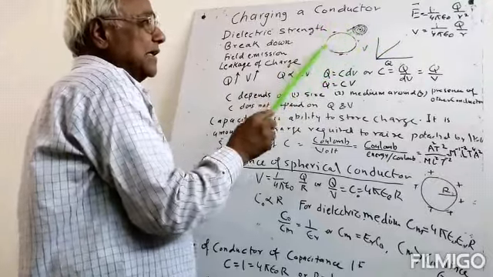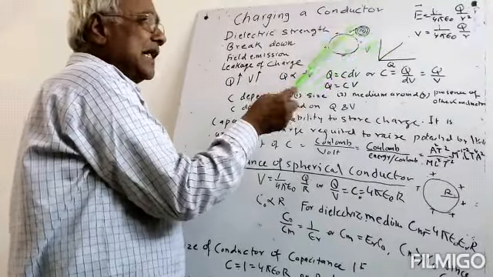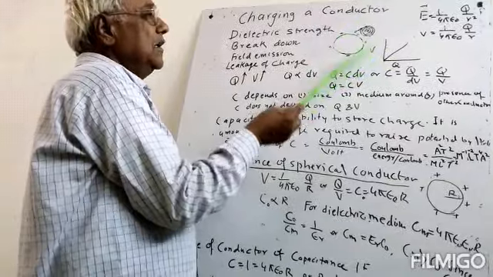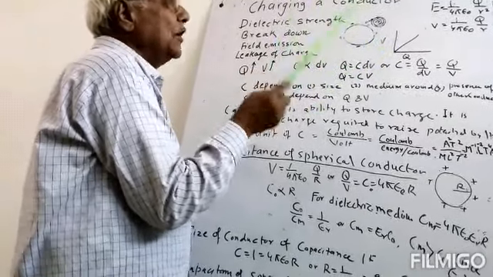So if it exceeds this, then ionization takes place. If it is less than this, no ionization will take place, and there is no leakage of current.